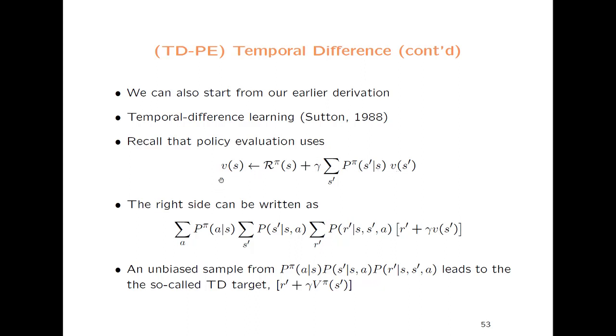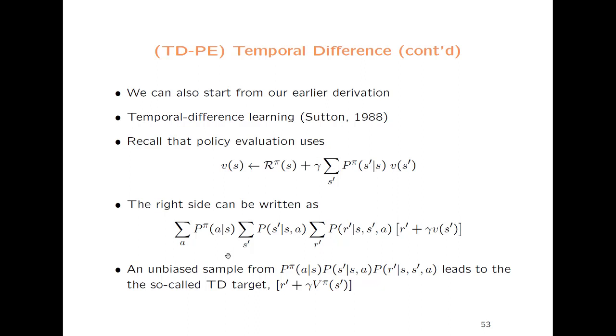The right side we can approximate by a sample. This is an expected value of the observed return r prime plus gamma times the follow-up state, if we are doing a simulation.